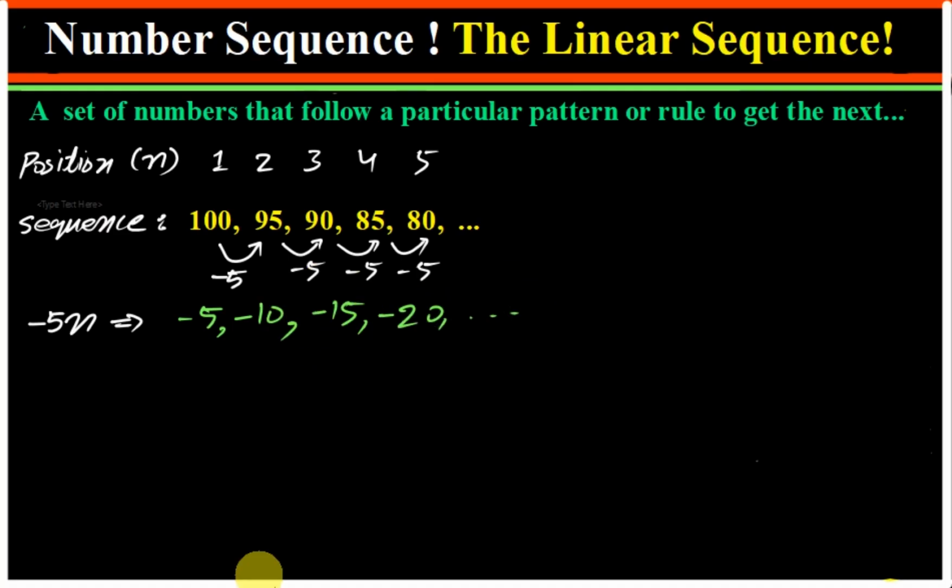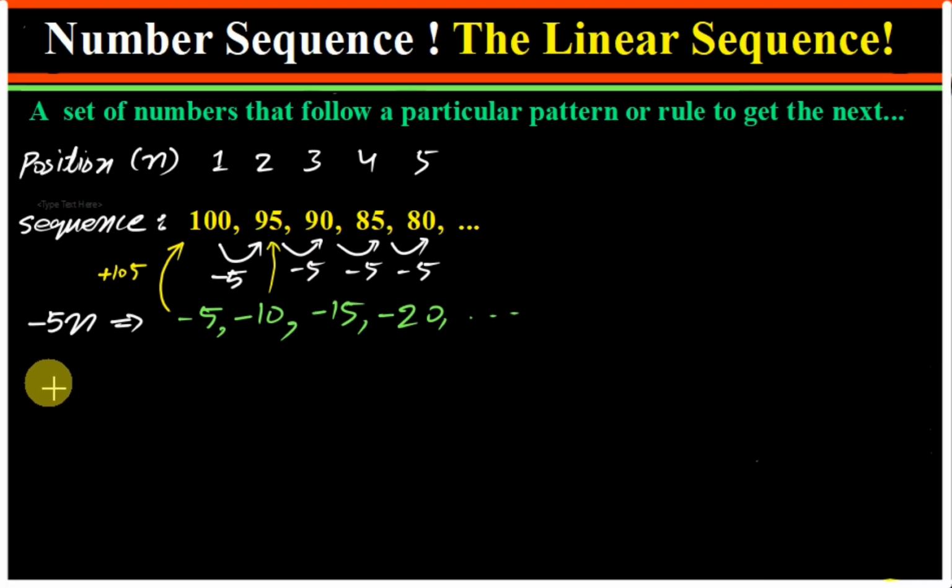Now let's see what we add here so that we can get this 100. If we add 105, we get 100. The same here: if we add 105, we get 95. In the same way, if we add 105 to minus 15, we get 90.